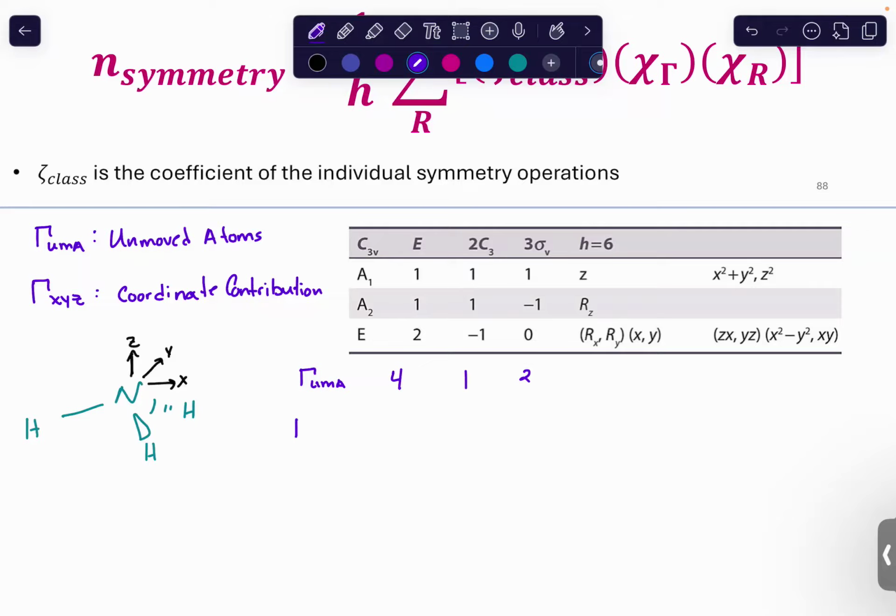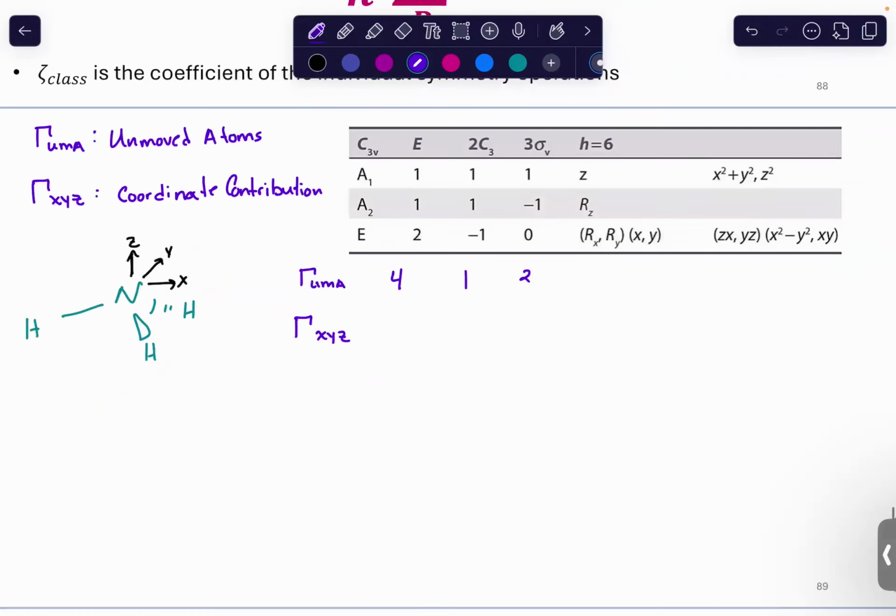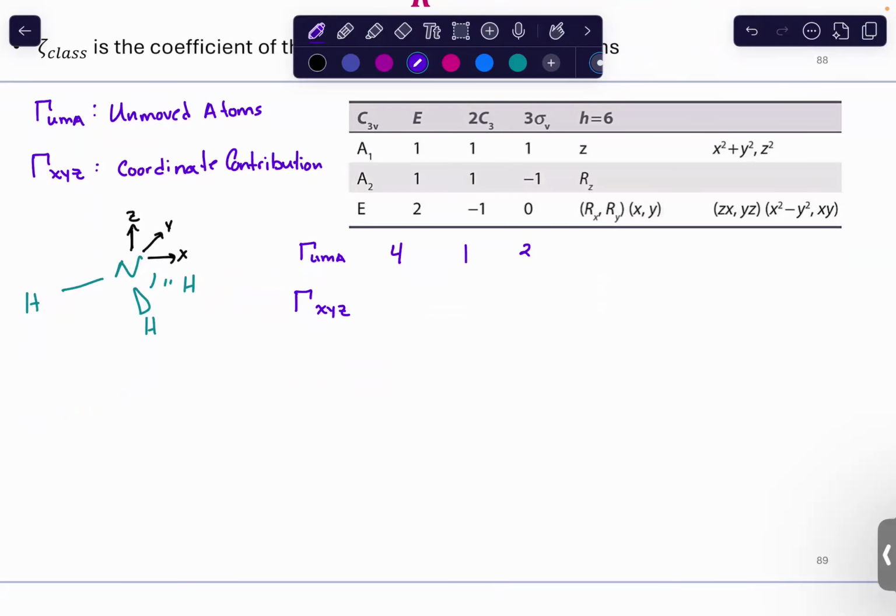Now, the gamma XYZ, coordinate contribution. Okay, so here's how we can look at this. Each one of those inputs in the gamma XYZ is going to be the trace of the symmetry operation matrix.